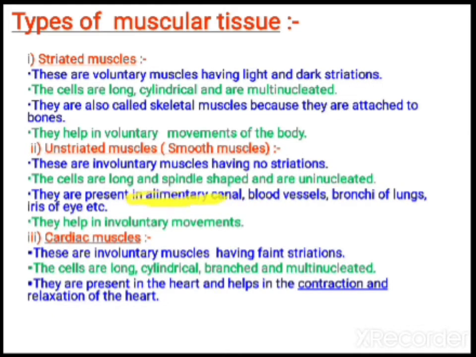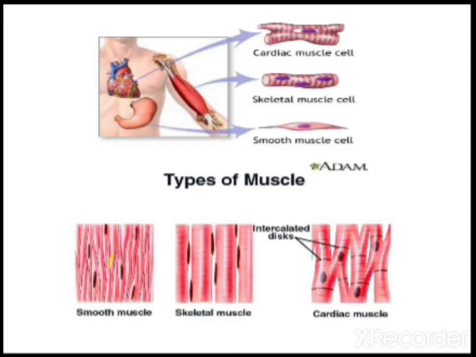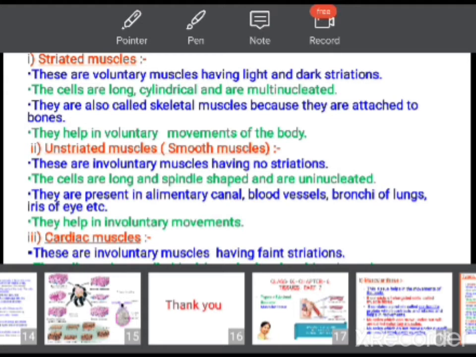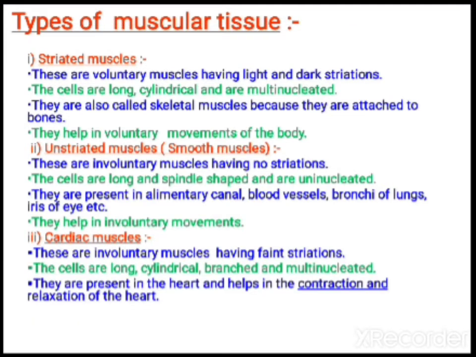They are long, spindle shaped and uninucleated. Can you see? It is spindle shaped and uninucleated. They are present in the alimentary canal, blood vessels, bronchi of lungs, iris of eye, etc. They help in involuntary movements, meaning you cannot control the movement. Involuntary muscles, and you call them unstriated muscles also.